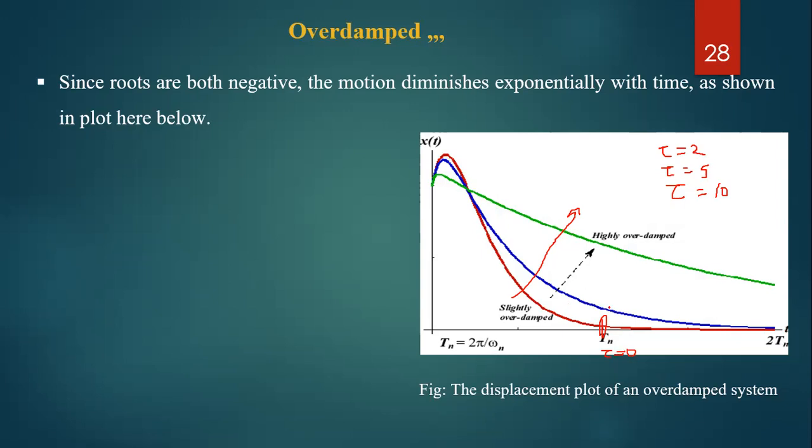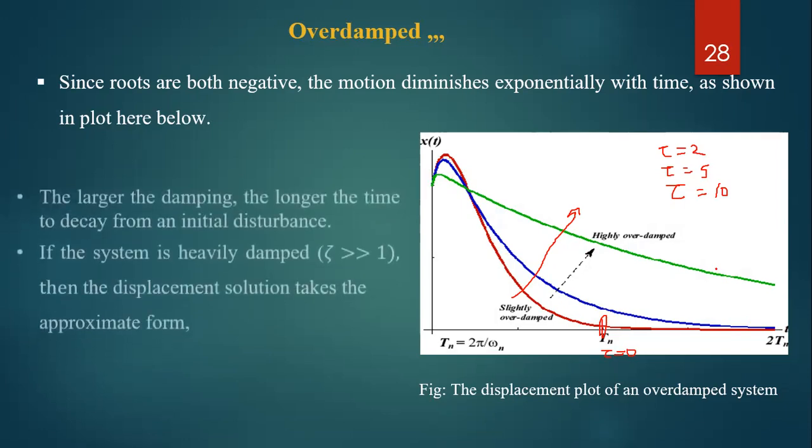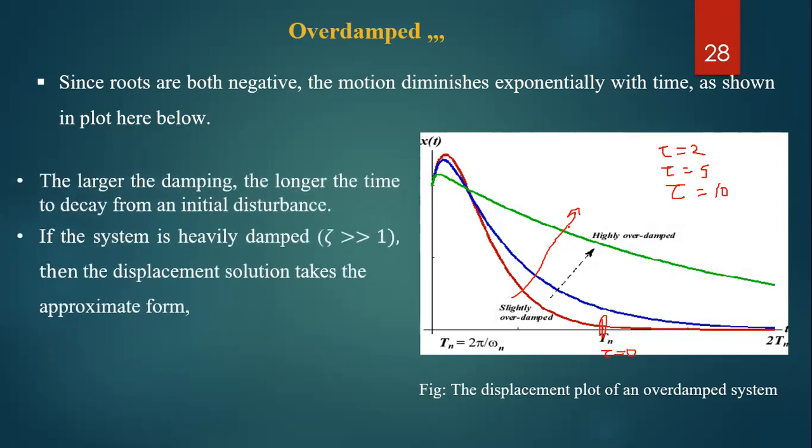But when the zeta value increases, it goes like this, and goes like this. So this is the case for higher and higher zeta values. Let, for example, this be zeta equal to 10. Let this be zeta equal to 2.